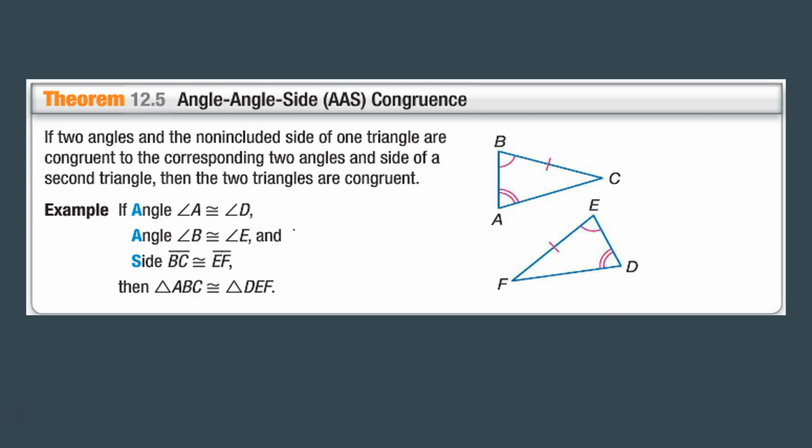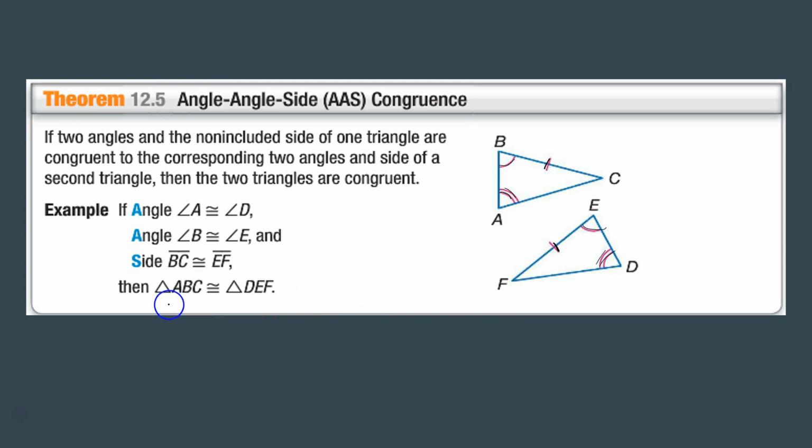So here we're talking about angle A and angle D. They both have two arcs. That's good. Then we're talking about our other angle, which is next to it. We have angle B and angle E. That's good. Then we have the side BC, which is congruent to the other side EF.